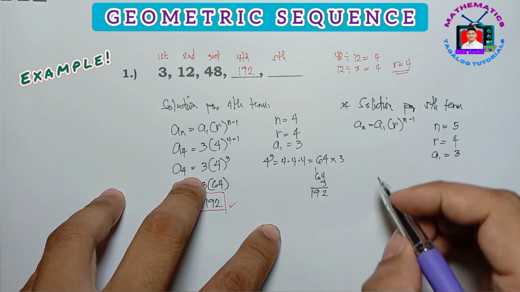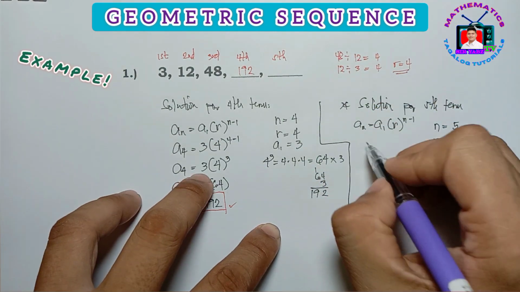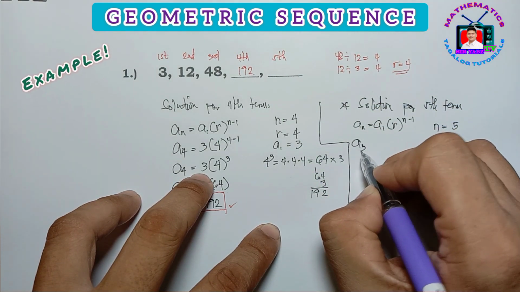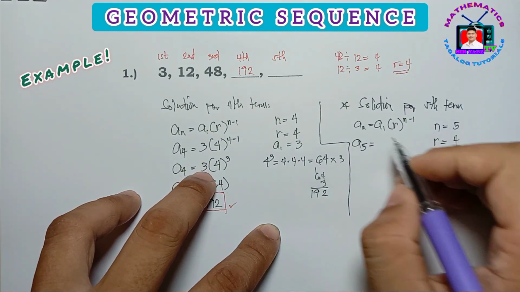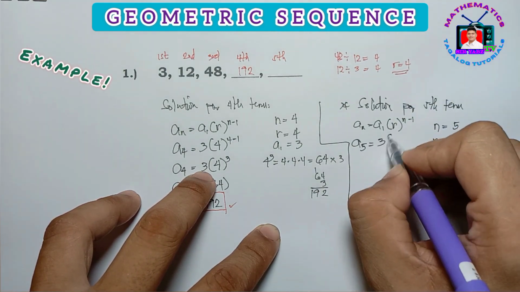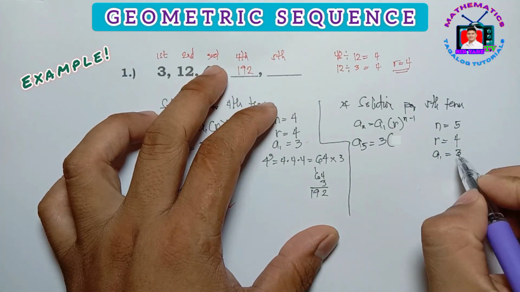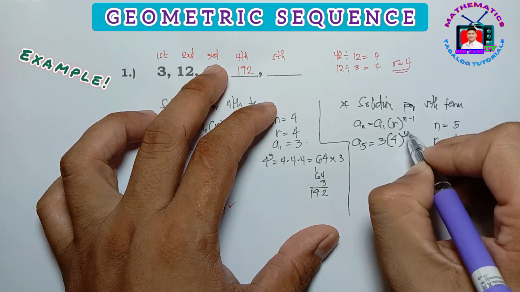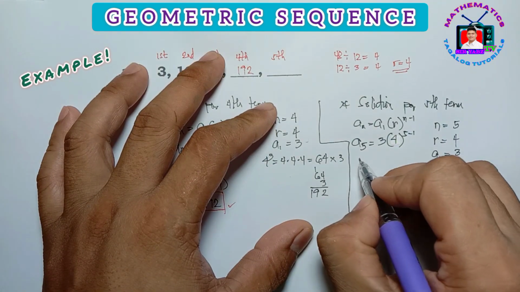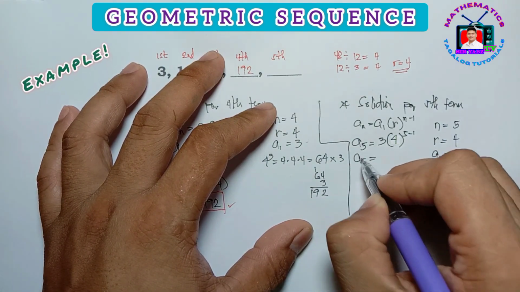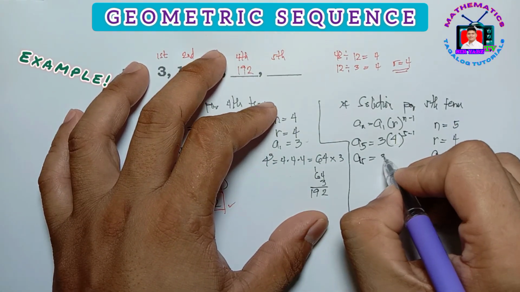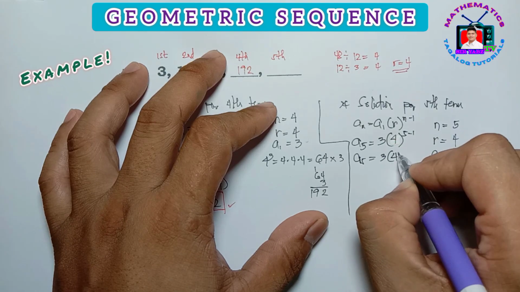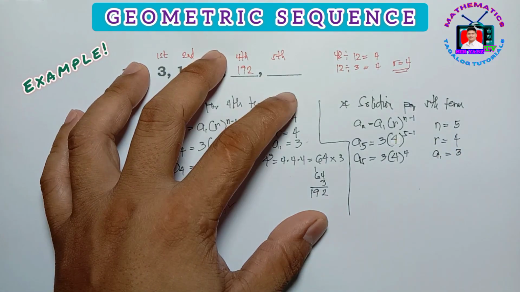Then, let's substitute that into our formula. So, we have a sub 5 equals a sub 1, our first term, 3, times our common ratio 4, raised to our n, 5, minus 1. Okay? Then, simplify, a sub 5 equals 3 times the ratio 4 raised to 5 minus 1, which is 4.